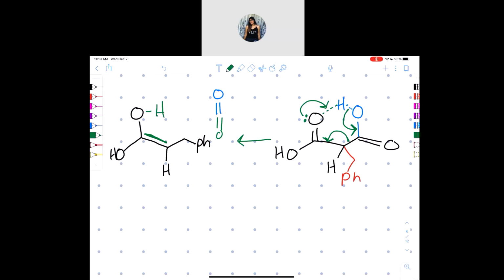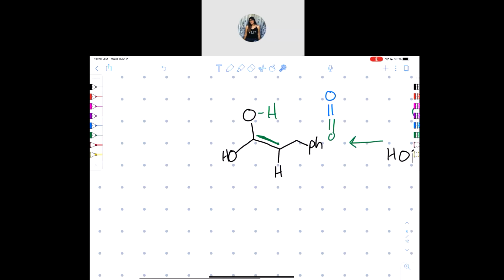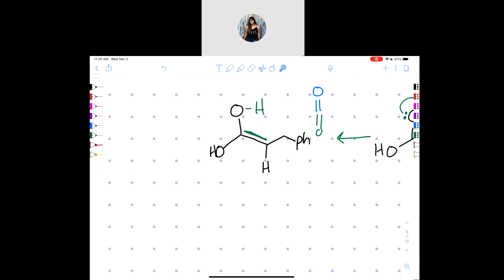What kind of functional group? Yes, this is the enol. It looks kind of weird because of the little OH here, but we're still going to call this the enol. And we know that if there's acid or base around, what can happen to the enol? It can undergo what?